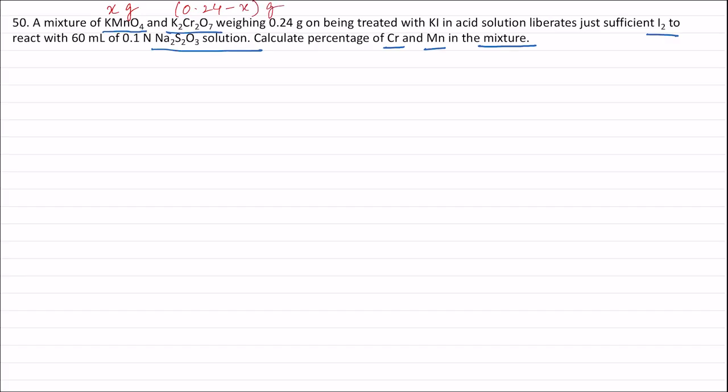Therefore, sum of the equivalents of KMnO4 and equivalents of K2Cr2O7 will be, now the equivalent of KMnO4 will be weight of KMnO4, that is x gram, divided by equivalent weight of KMnO4, that is 158 by 5, where 158 is the molecular weight of KMnO4 and 5 is the valency factor, plus equivalents of K2Cr2O7 in the mixture will be 0.24 minus x, that is weight of K2Cr2O7, divided by equivalent weight of K2Cr2O7.